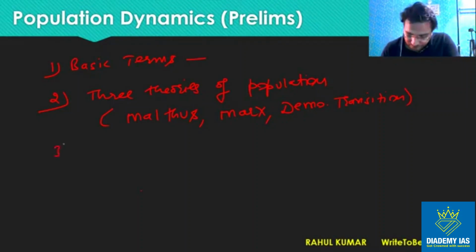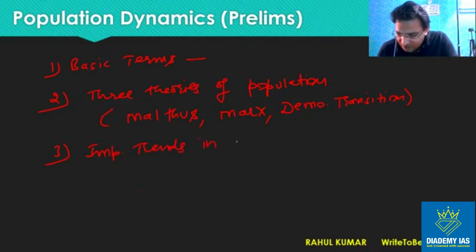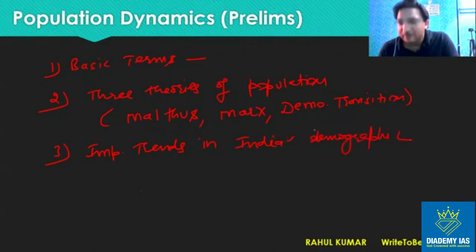Okay. Then we will discuss some of the important trends in India's population or India's demography, like the concept of demographic dividend, age pyramid, missing women, all these things.